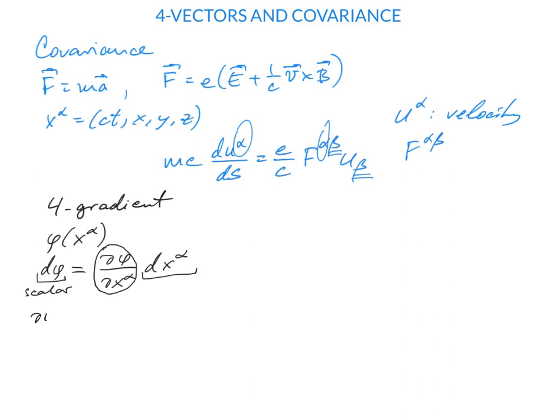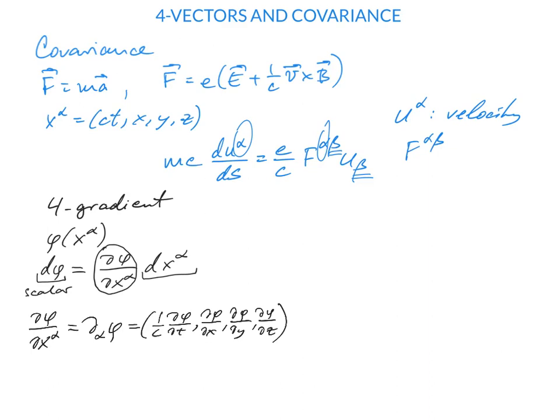So d phi by dx alpha is in fact a covariant vector. A good notation for this is to put alpha as a subscript for d alpha phi, and its components are 1 over c d phi by dt, d phi by dx, d phi by dy, and d phi by dz. So this thing transforms as a covariant vector.